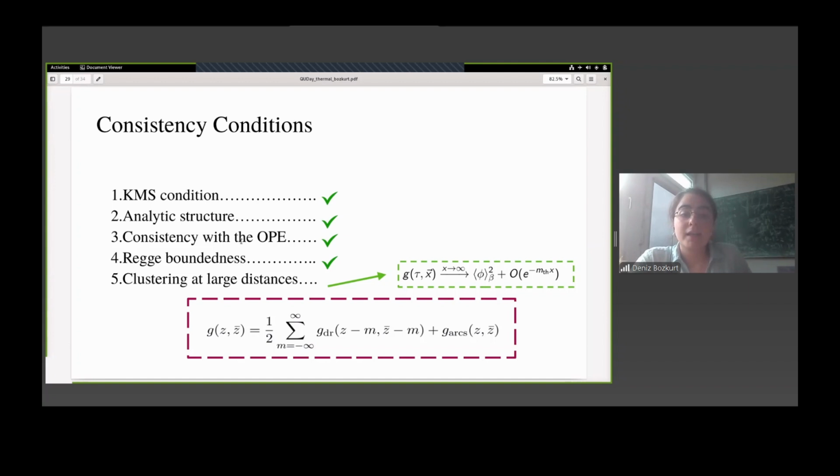And then maybe a more subtle condition is the Regge boundedness. So all the time two-point functions we consider, we assume them to be Regge bounded. And in particular, once we compute the dispersion relation, we can immediately check that the piece of the correlator that is the dispersion relation satisfies the Regge boundedness.